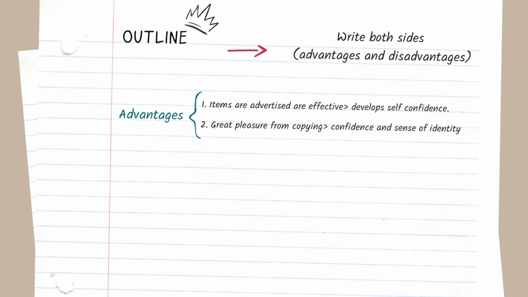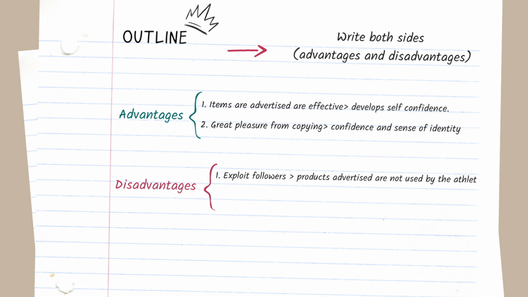And there are also some disadvantages. There are 2 disadvantages. The first one is that advertising those products may exploit their followers. So we only write exploit followers. So what do we mean by this? It means that products which are advertised are not used by the athletes themselves. They may never dream of using those products, right?